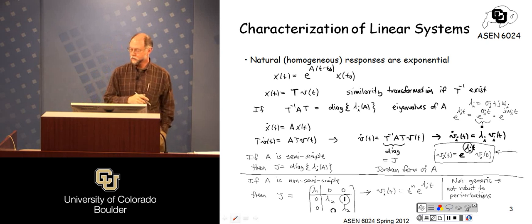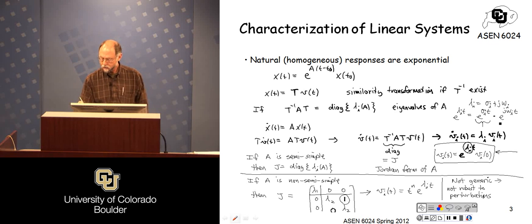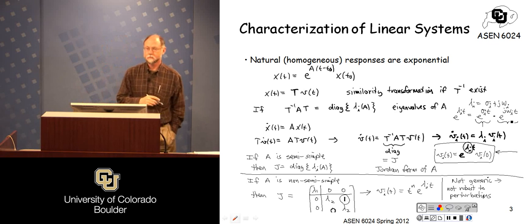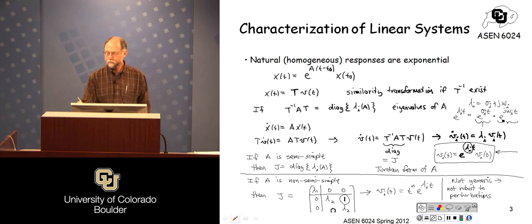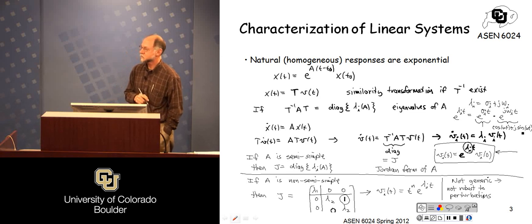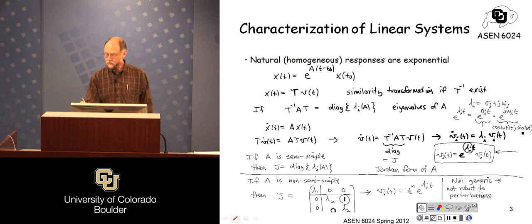It decays or grows based on the sign of sigma, the sign of the real part. What does this second factor look like? Sine, cosine. Yes, if I use Euler's theorem on an imaginary exponential, this looks like cosine omega t plus j sine omega t. So it only oscillates, and it oscillates with frequency omega here.